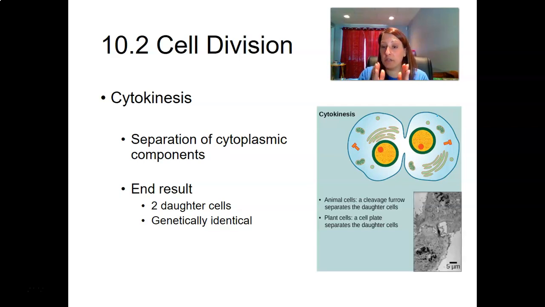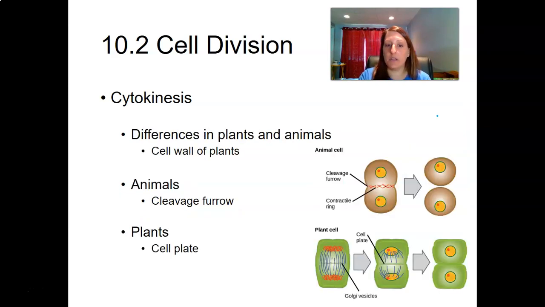And then the cells actually physically split, and in the end we have two genetically identical daughter cells.